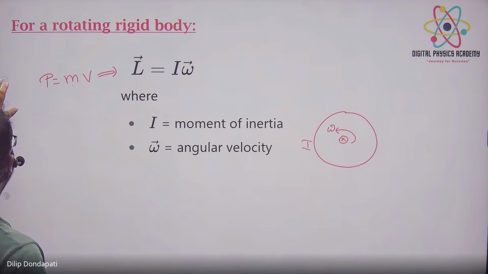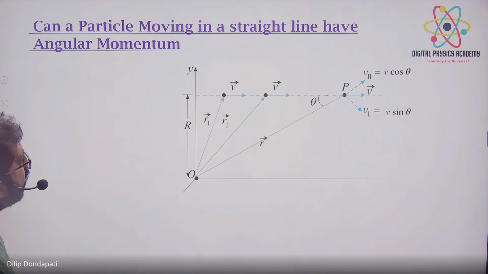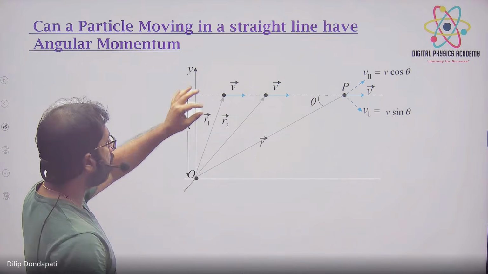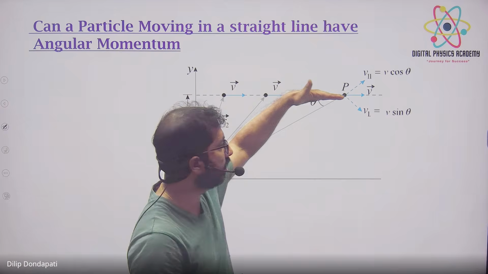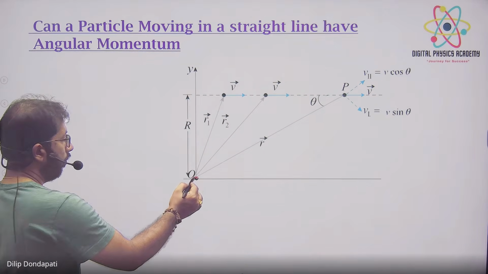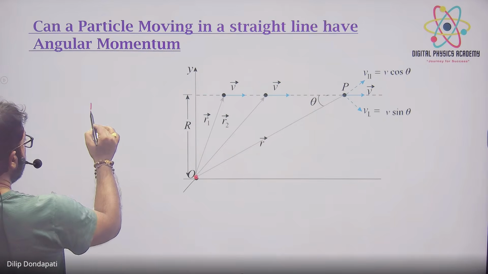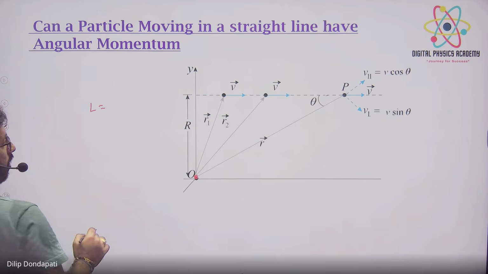चलो, now देखो, can a particle moving in a straight line have angular momentum or not? एक particle है, zoom बोल के सीधे जा रहा है. Can we have angular momentum with respect to वो? Answer is yes. Find the angular momentum in this case. It'll just be mvr, right?